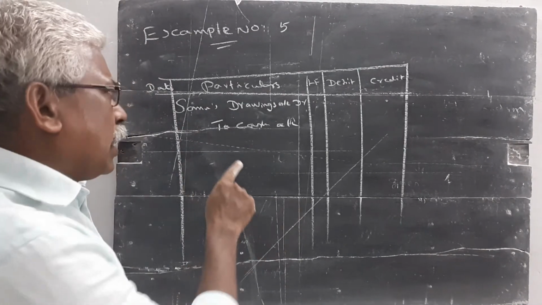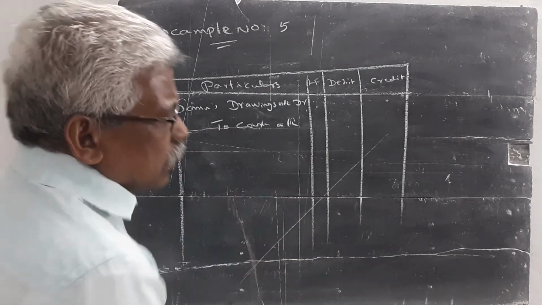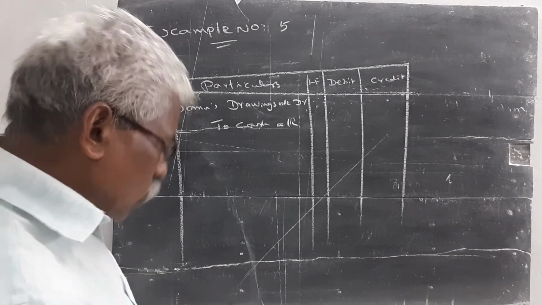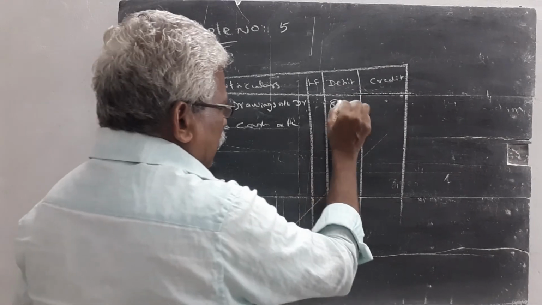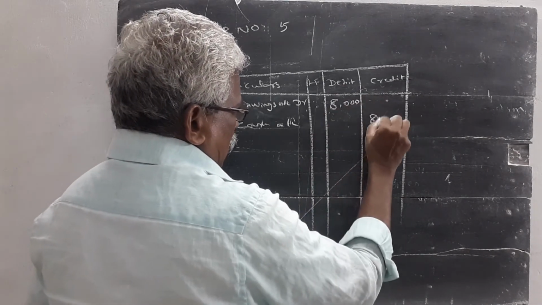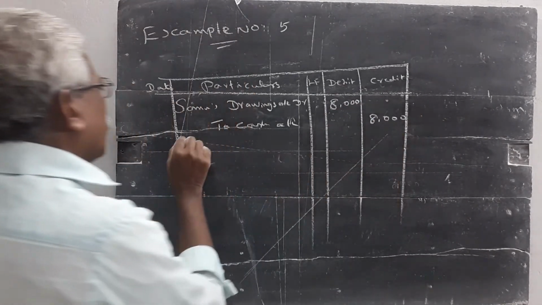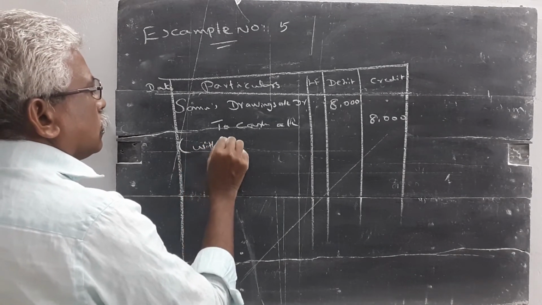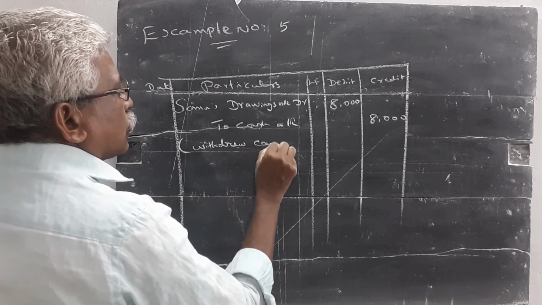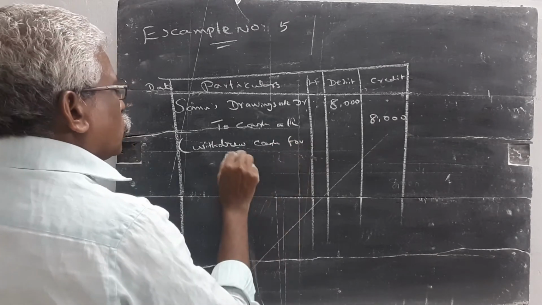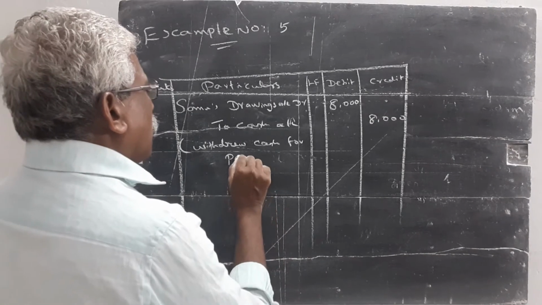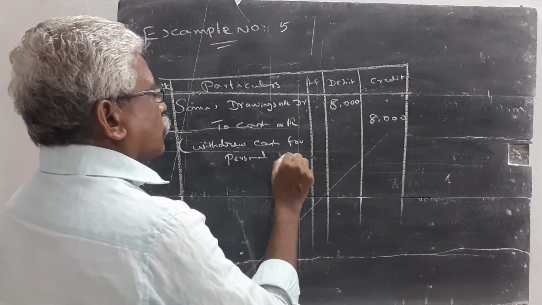For identification purposes, you can write Somu's drawing, it is not at all wrong. Somu's drawing account debtor to cash account, the amount is 8,000 rupees. What is the narration? You simply write the question, that's all. Withdrew cash for personal use. Somu withdrew cash for personal use, it is understood.